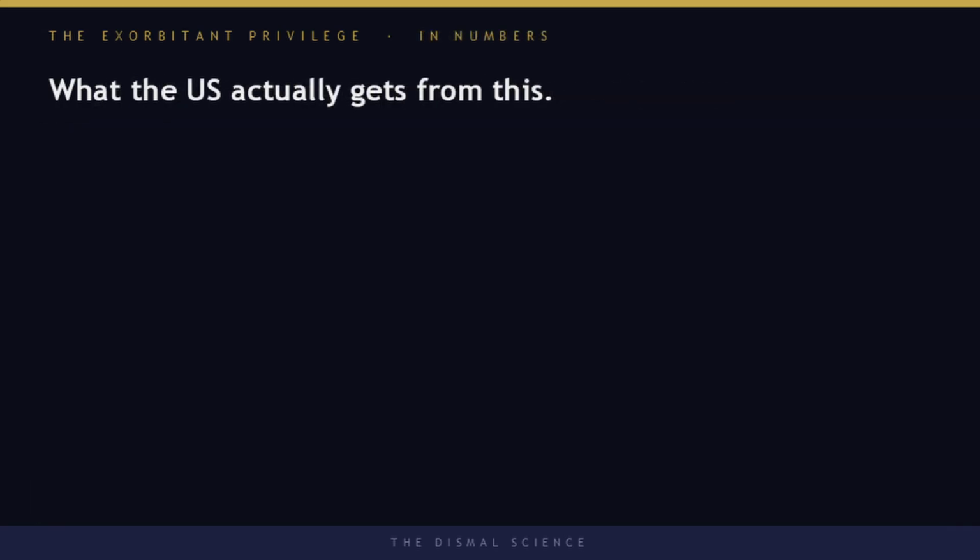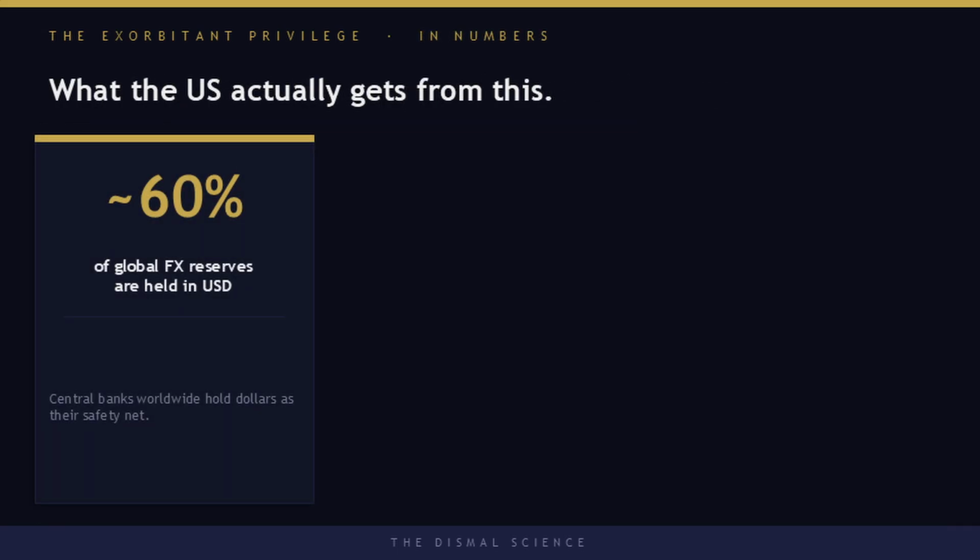The mechanism I just described shows up pretty clearly in the data. Roughly 60% of global foreign exchange reserves are held in dollars. Central banks around the world, when they decide where to keep their rainy day fund, predominantly choose US assets, not out of affection for the United States, but because the alternatives are less liquid, less stable, or simply smaller in scale.